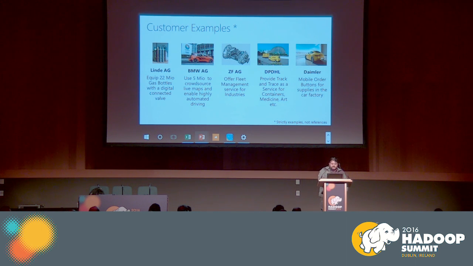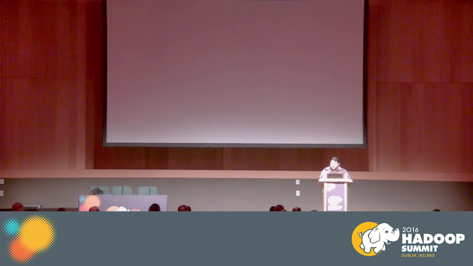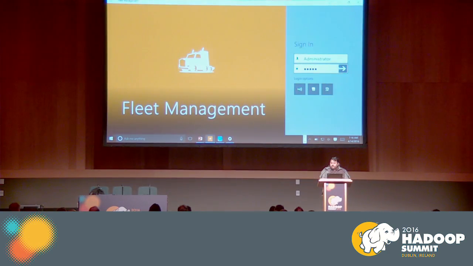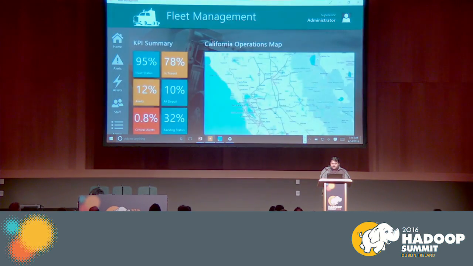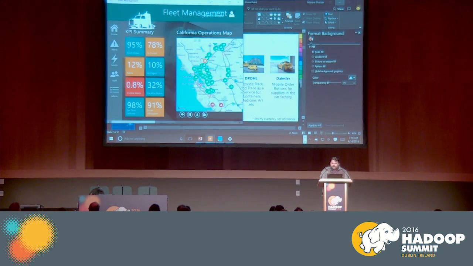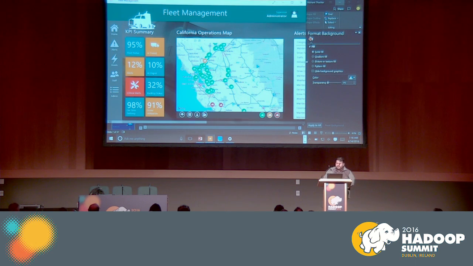Now, just to give you a quick example of the kind of stuff that people are doing, I'm going to bring up my screen over here, and here's a sample app around which one of our customers has built a solution.